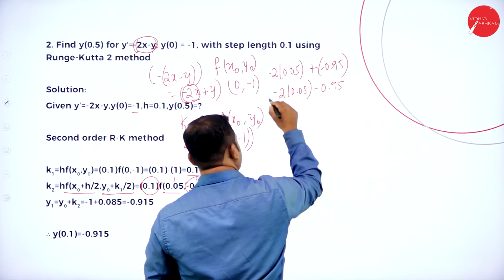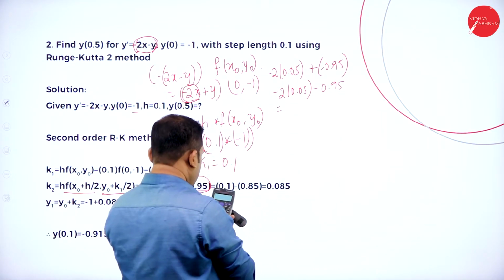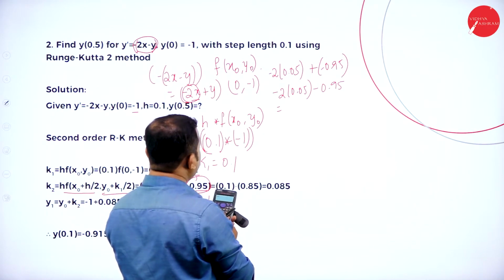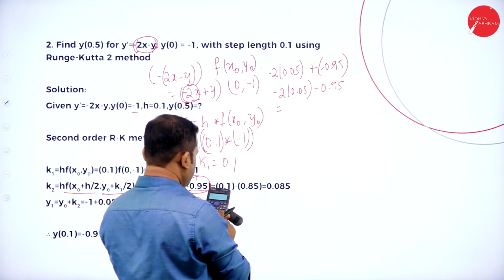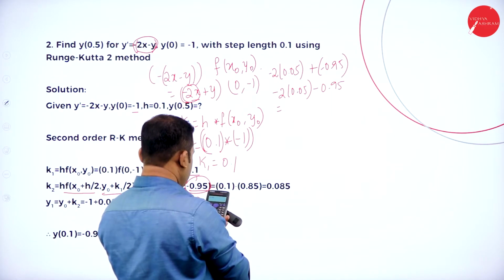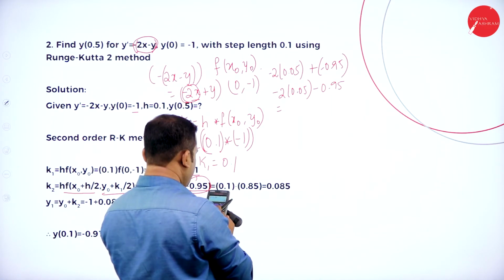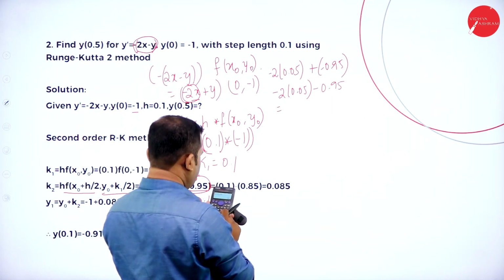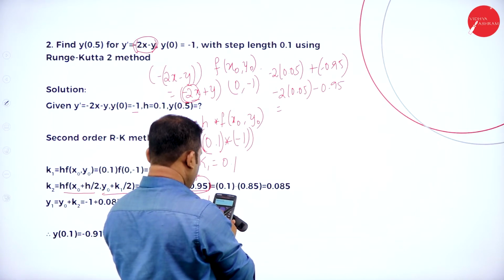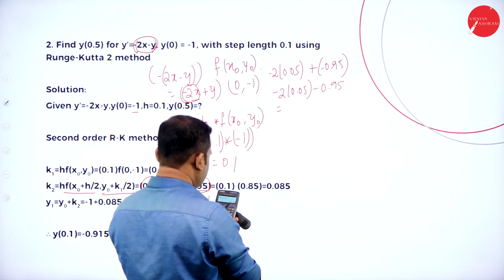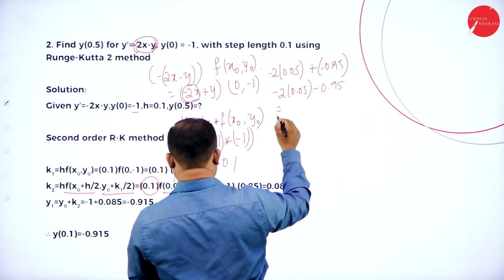If I simplify this, what is the value I am getting? 2 into minus 0.05 is equal to minus 0.1 minus 0.95, which is equal to minus 1.05.